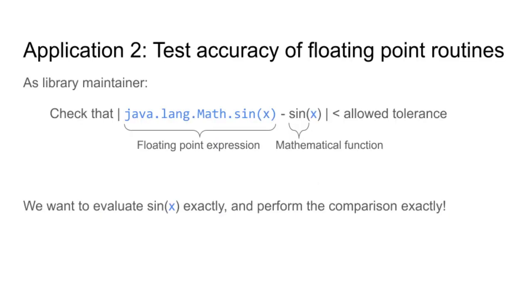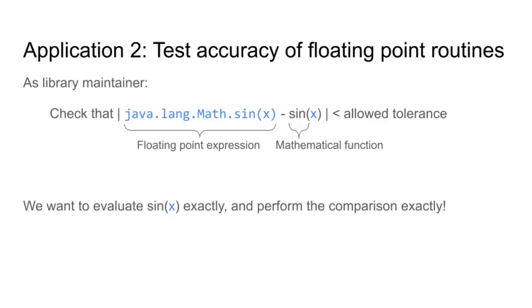The second application consists of testing floating point arithmetic. In this particular case, we happen to maintain an implementation of the Java math library, and we would like to be able to check that if we plug an arbitrary value into those math functions, we actually get something that meets the precision specification that's required by the official spec.